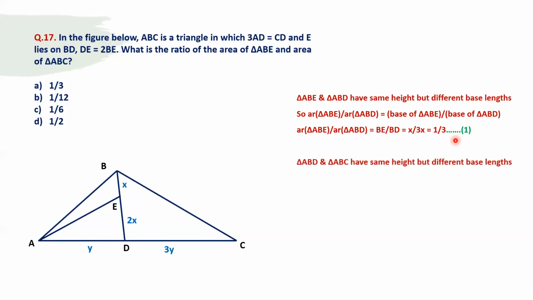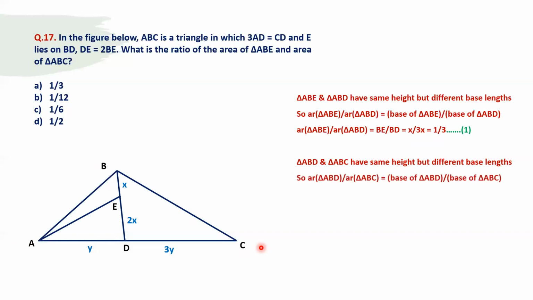Now similarly, triangle ABD and ABC, they also have the same height. So if I drop a height from here, this will be an altitude in both the triangles, in the smaller triangle ABD as well as in the bigger triangle ABC. But their bases are different. So in this smaller triangle, base is AD, bigger triangle, the base is AC.